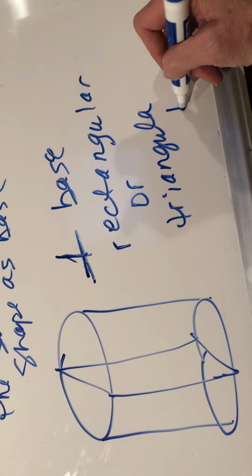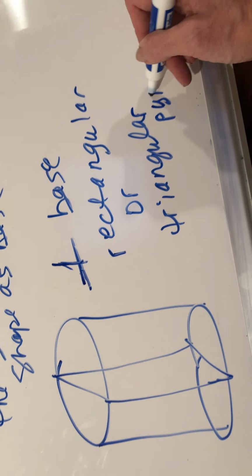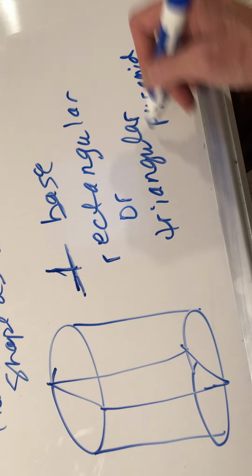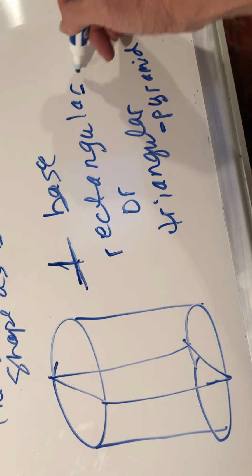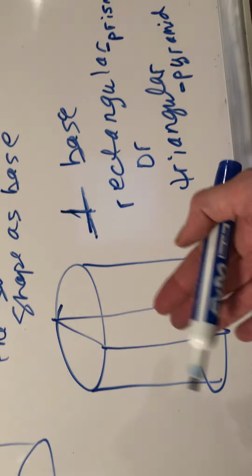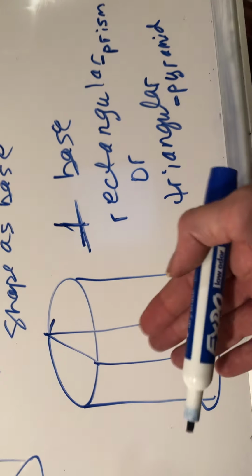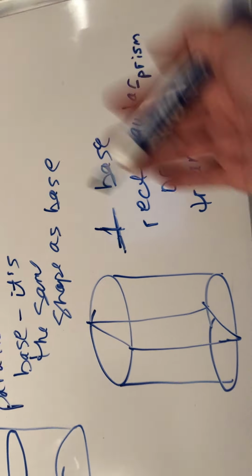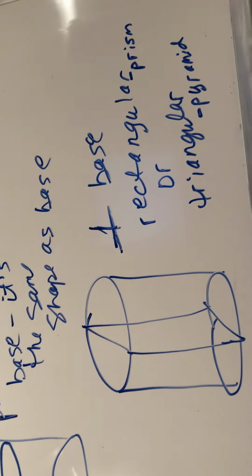If it's a pyramid, it's triangular. It's rectangular if it's a prism. And a cylinder, we don't call it a prism, but you could think of it as a special prism with a circular base, okay?